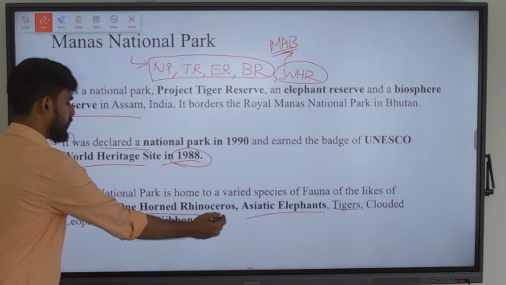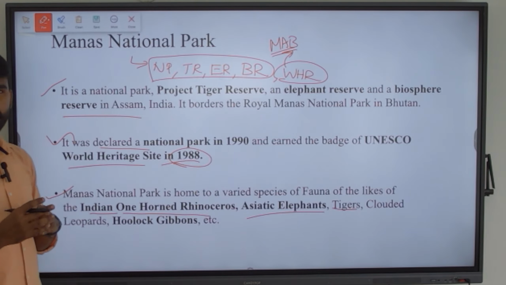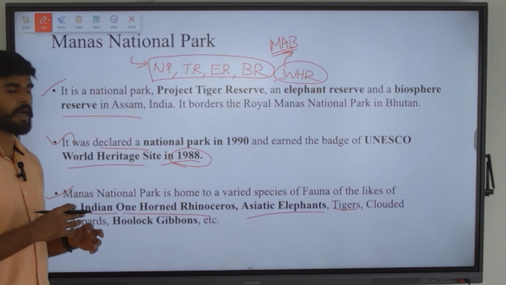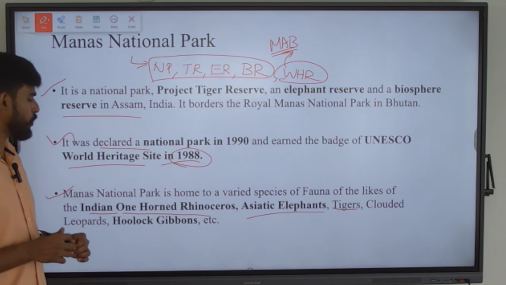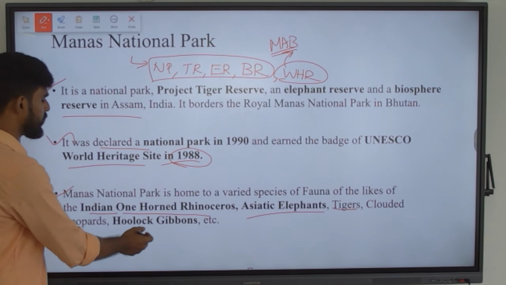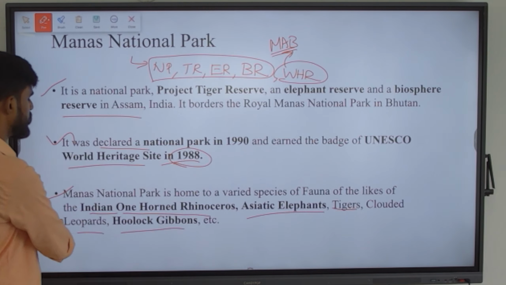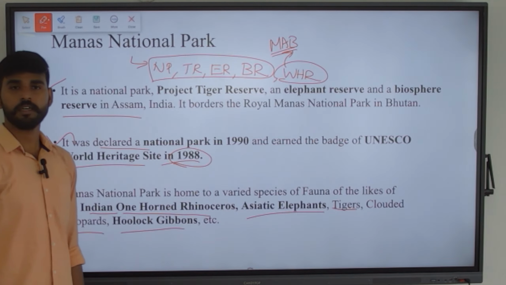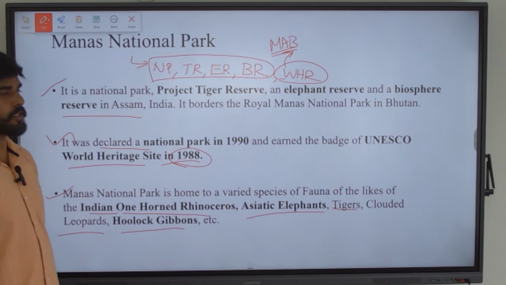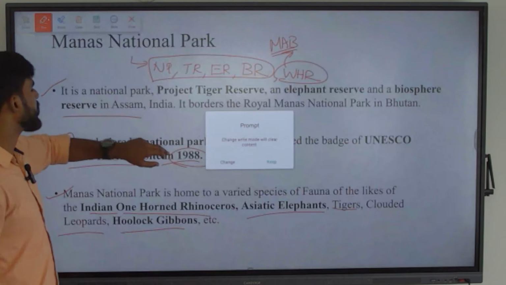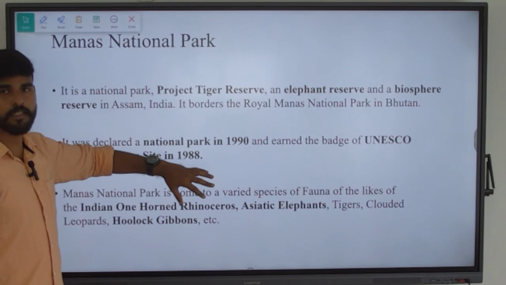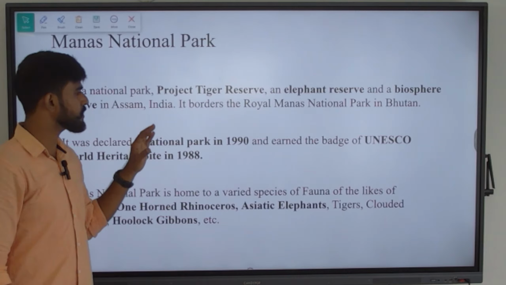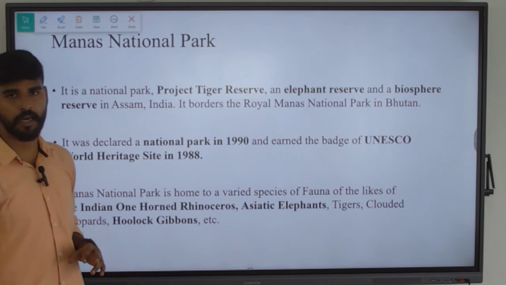And then since it is near Kaziranga National Park, it is also having this population of one-horned rhinos, and yet another animal species here is hoolock gibbon, and leopards are also there in this national park. So these are the details which we need to know about this dhole species. And here in this national park, the study was conducted. Thus, we saw details about the national park also.